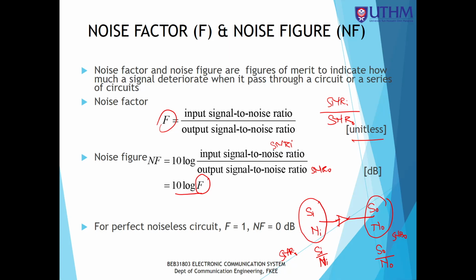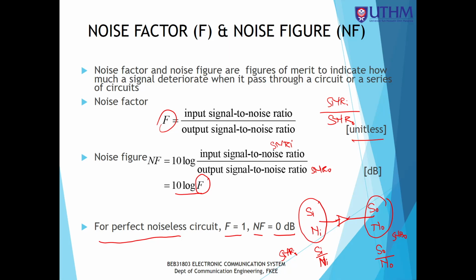For a perfect noiseless circuit, F equal to 1. That means output SNR equal to input SNR. So perfect system, noiseless, F equal to 1. Therefore noise figure is 10 log of 1, you get 0 dB.